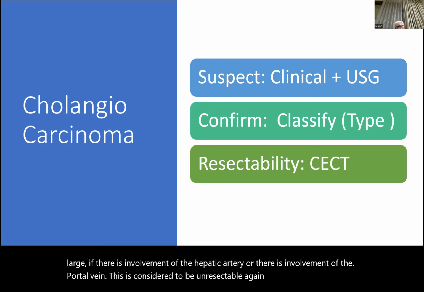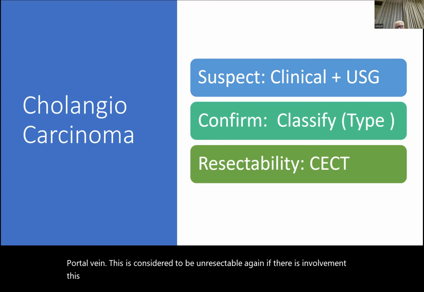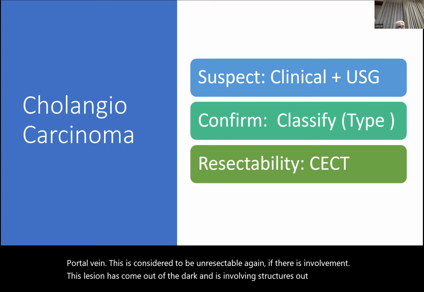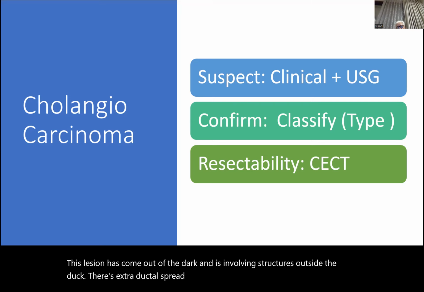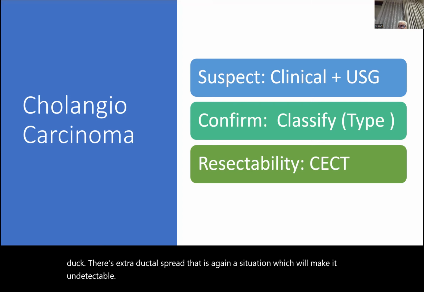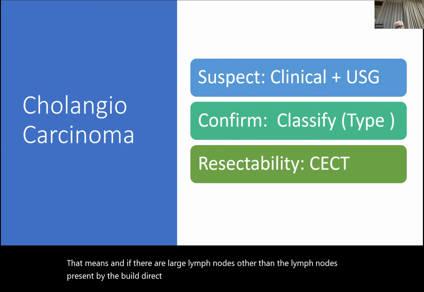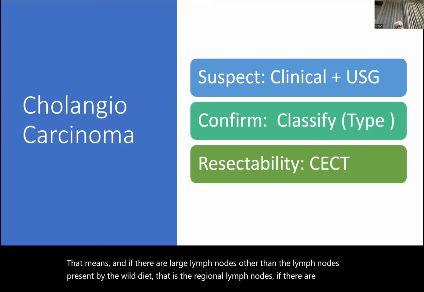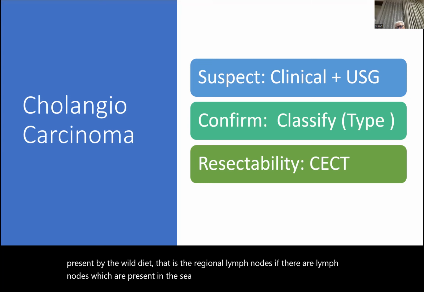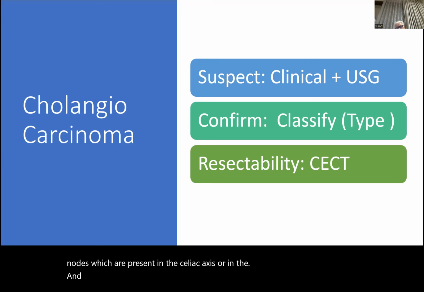Again, if this lesion has come out of the duct and is involving structures outside the duct, there's an extraductal spread. That is again a situation which will make it unresectable. And if there are large lymph nodes other than the lymph nodes present by the bile duct, that is the regional lymph nodes, if there are lymph nodes present in the celiac axis or in the portocaval region, that will be considered to be unresectable.